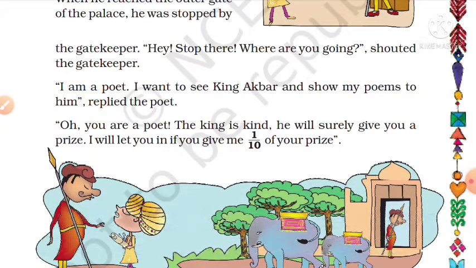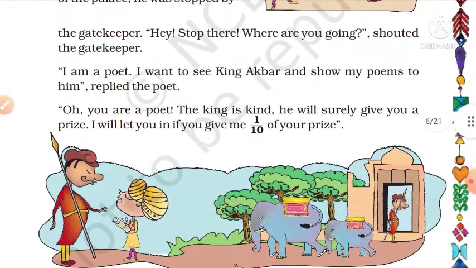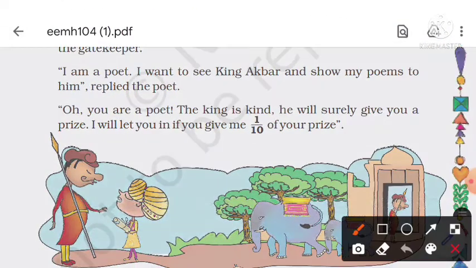The king is kind, that means the king is soft hearted. He will surely give you a prize. I will let you in if you give me 1 by 10 of your prize." The gatekeeper demanded 1 by 10 of the prize.